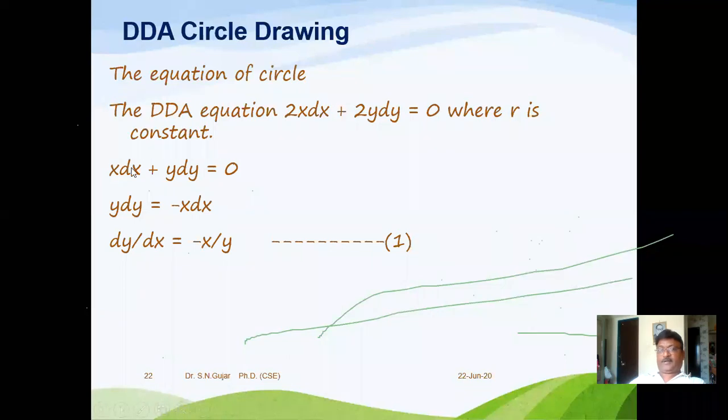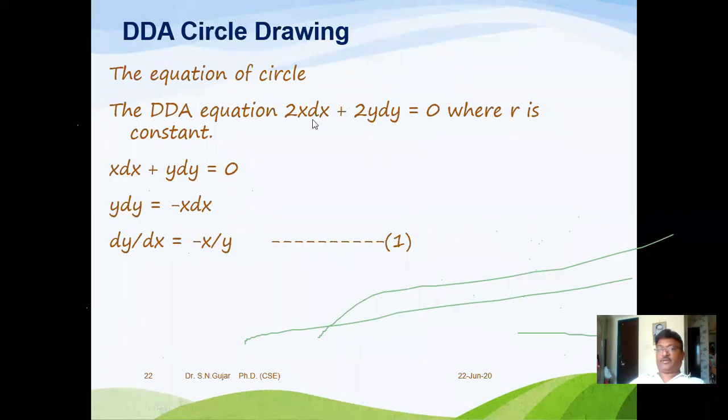In DDA circle, how did I get this equation? What is the equation of the circle? It is x square plus y square is equal to r square. Then I have put the derivative.